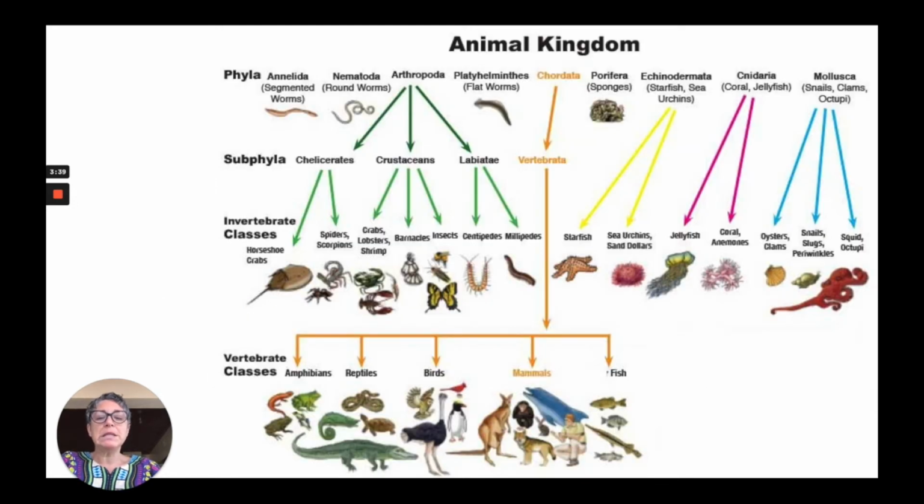Okay, finally, let's look at the animal kingdom flow chart. We can see here the 2 categories that we have looked at. The vertebrates are there in the orange color.